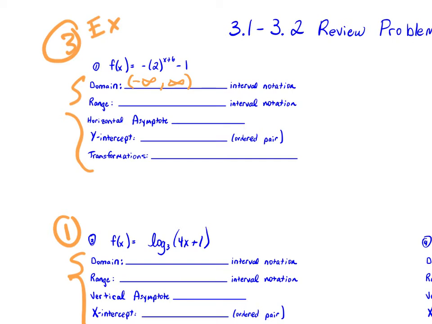Our range always involves this number out here. So this number tells us what our range and our horizontal asymptote are going to be. So that vertical shift that we have on the outside determines our range and our horizontal asymptote.